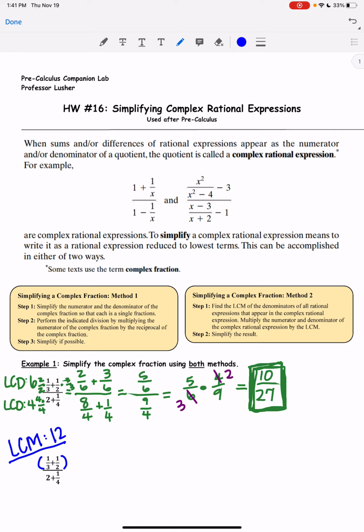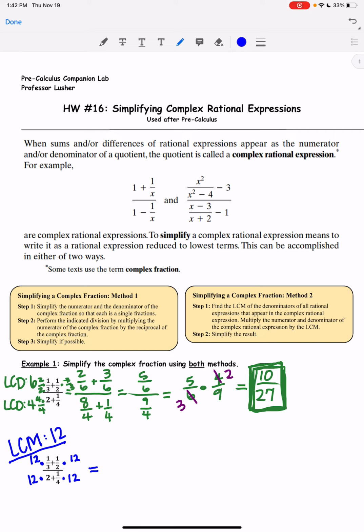I think it's just easier to just multiply each thing by 12. That way you can cross-reduce things. You don't forget anything. So I'm multiplying everything by that LCM. Now, if you choose that LCM correctly, what's going to happen is I should lose every single fraction besides the main one.